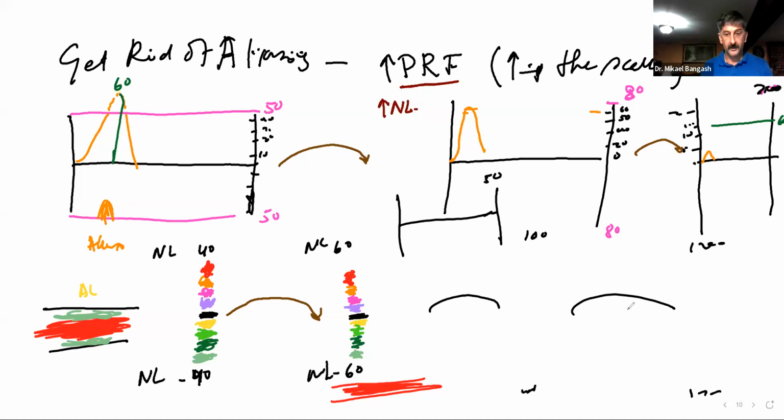You may increase it even further, to twice what it was here. Now red on the positive side and this green on the negative side represents velocities of 120 and 120.